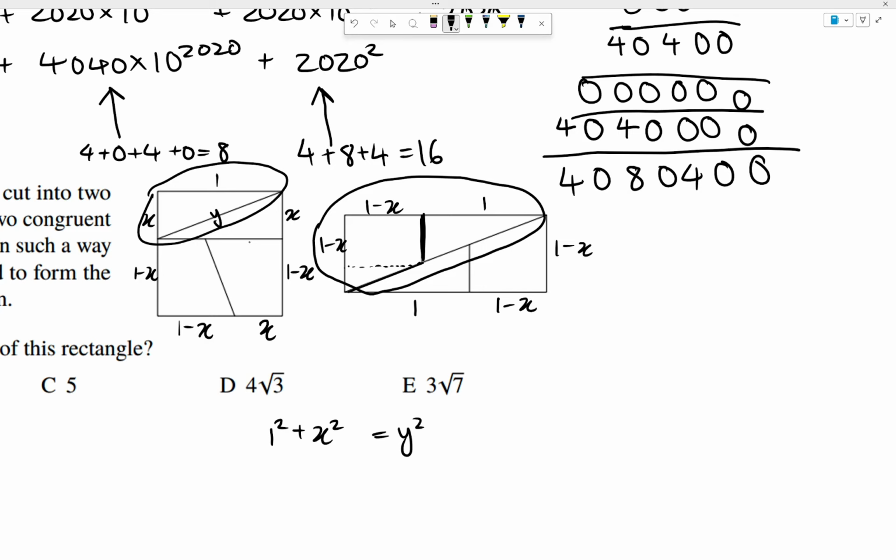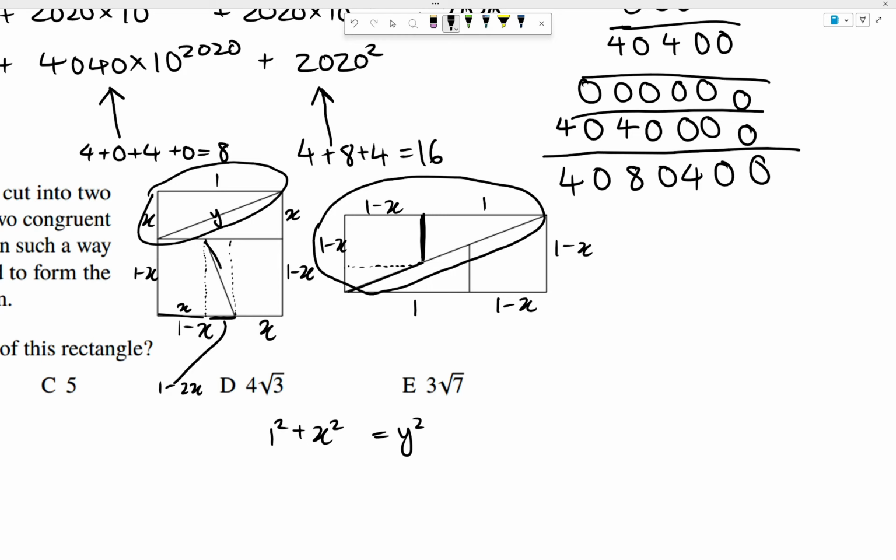So I'm going to go on this bit here and draw that vertical line and this vertical line here. And because of the symmetry, the length of this bit here should be equal to x. So the length of this bit here is 1 minus 2x.